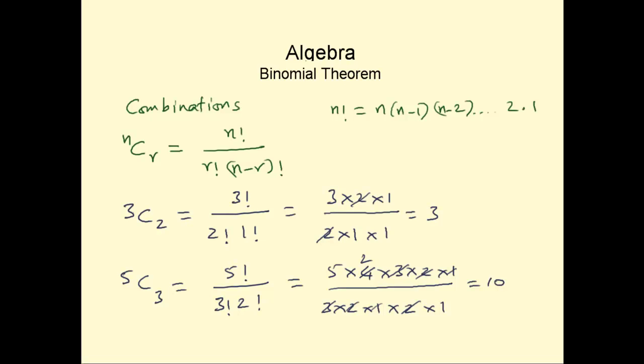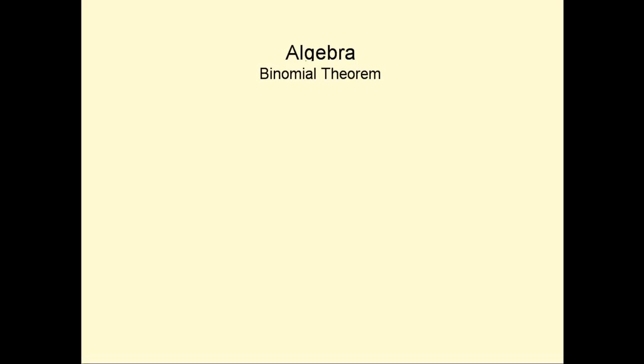So this is the method to find nCr, where n and r are some constants. Let's go over some rules or identities on the combinations. So we just found that 5C3 is equal to 10. Let's try to find what is 5C2. 5C2 again is 5 factorial over r is 2, so 2 factorial times 5 minus 2, which is 3 factorial.